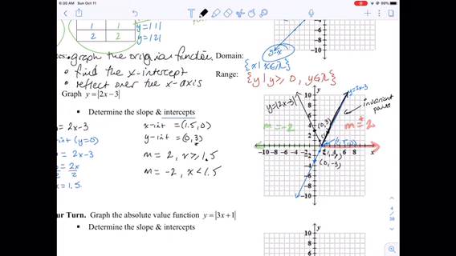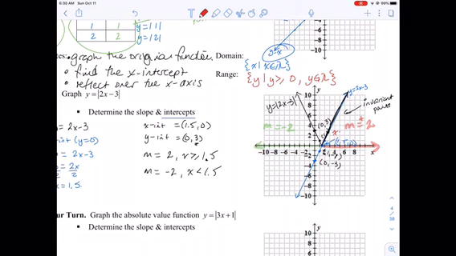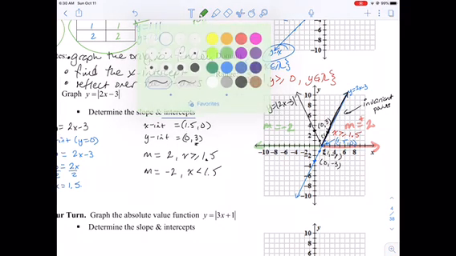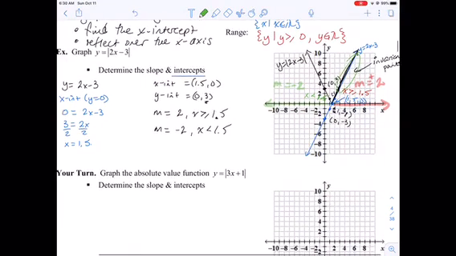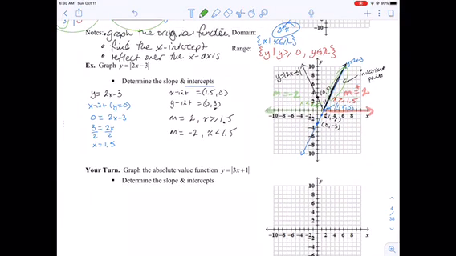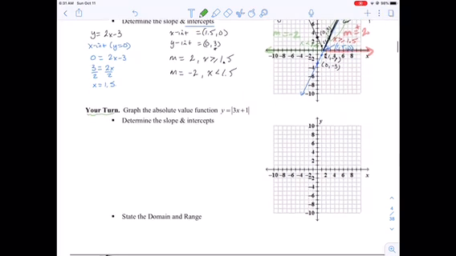So over to the right, this is where x is greater than or equal to 1.5. And over to the left, we've got x is less than 1.5. So there's our slopes, and there's our x-intercept and our y-intercept. I would strongly recommend that you try this graph. I will complete this for you, but why don't you pause the video and try this on your own.